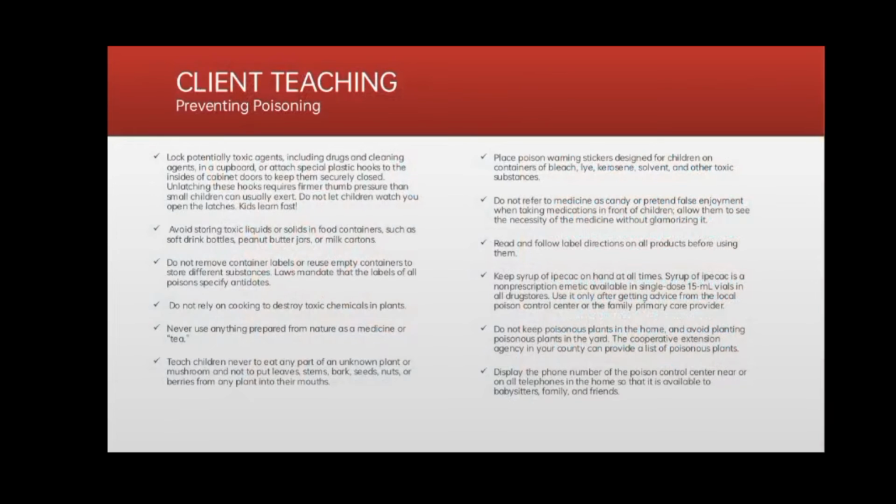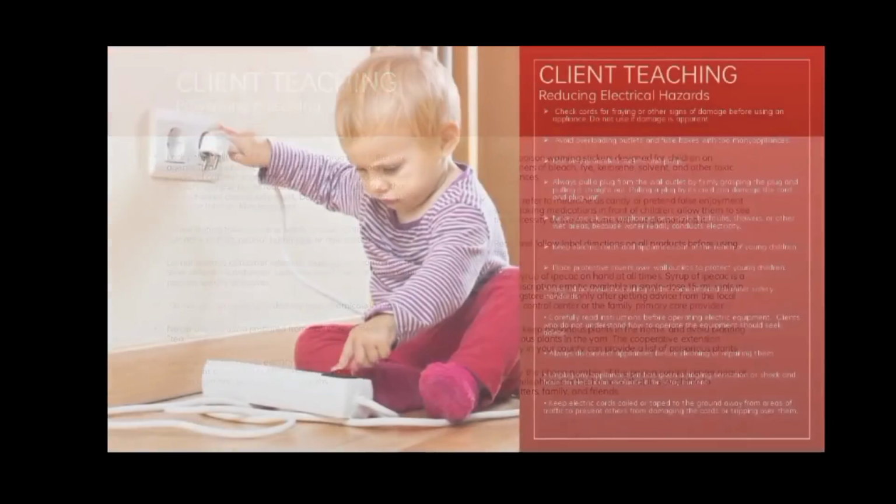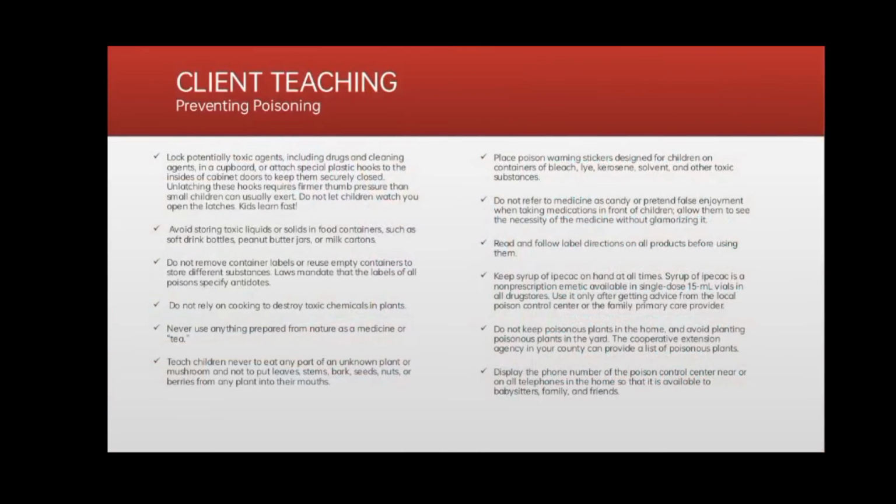For the client teaching, preventing a poisoning: lock potentially toxic agents, including drugs and cleaning agents, in a cupboard, or attach special plastic hooks to the inside of cabinet doors to keep them securely closed.